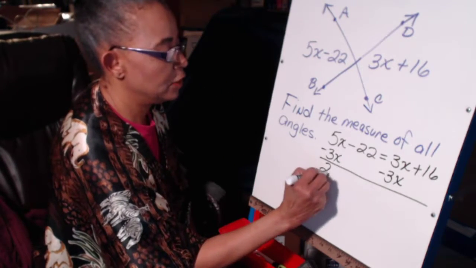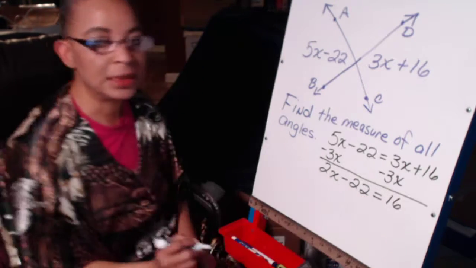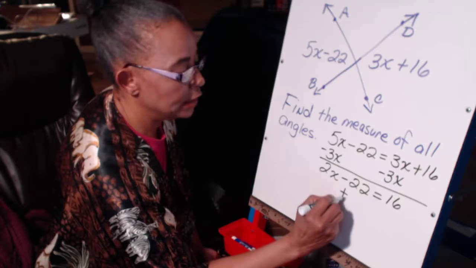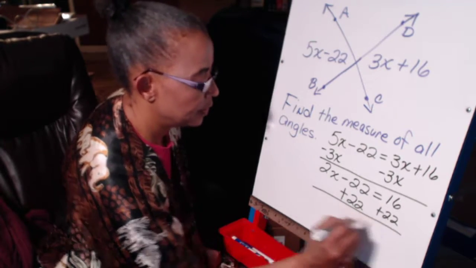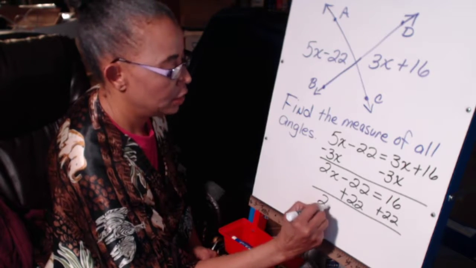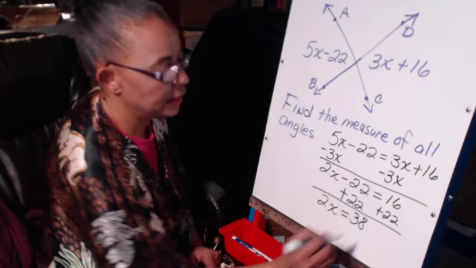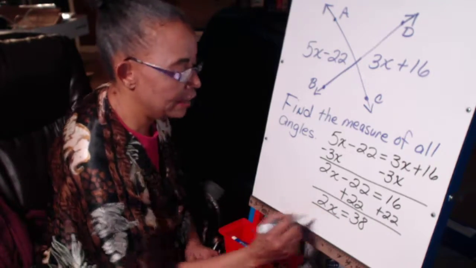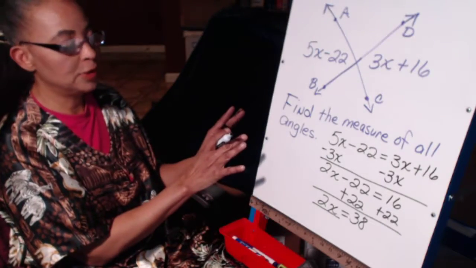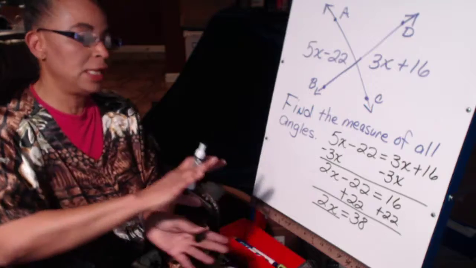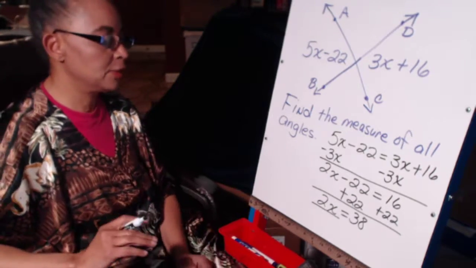So that gives me 2x minus 22 equals 16. Then I'm going to add the 22 to both sides. So that says 2x equals 38. And then finally, I have everything with x's on one side of the equal sign, and I've combined them, and everything without any variable on the other side.